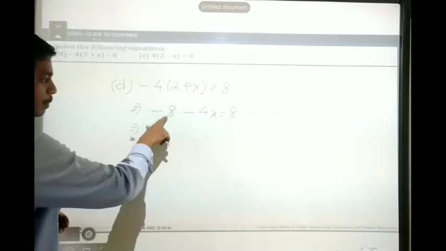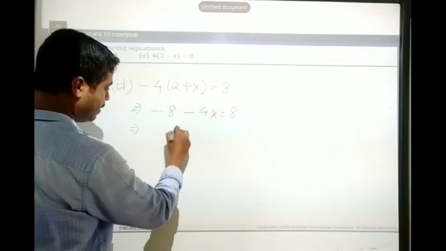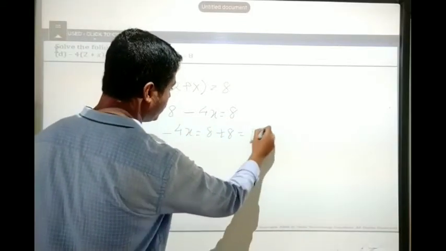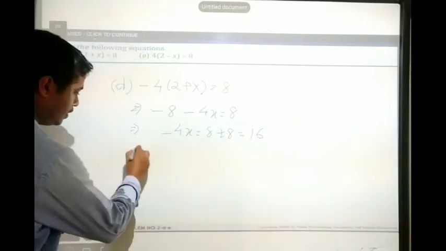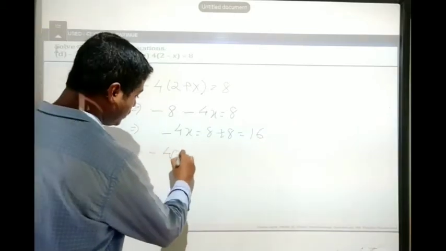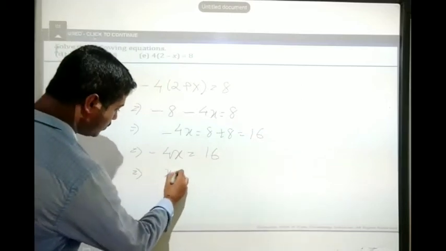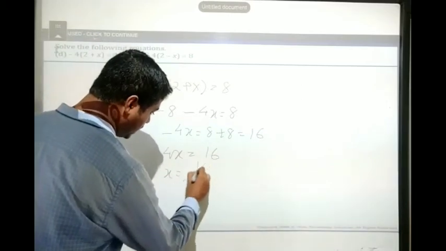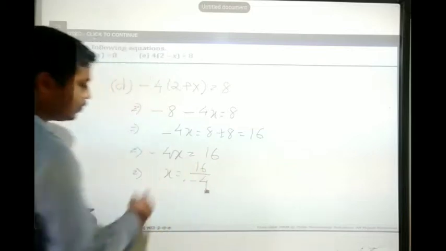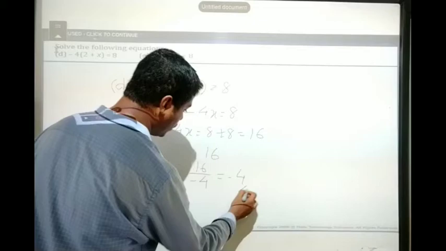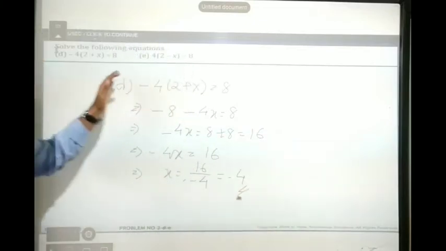Next step, put the 8 on the right hand side. Minus 4x equals 8 plus 8, so that will be equal to 16. Then x will be equal to 16 divided by minus 4. 16 by minus 4, the answer will be minus 4. So this is the answer for question number D.